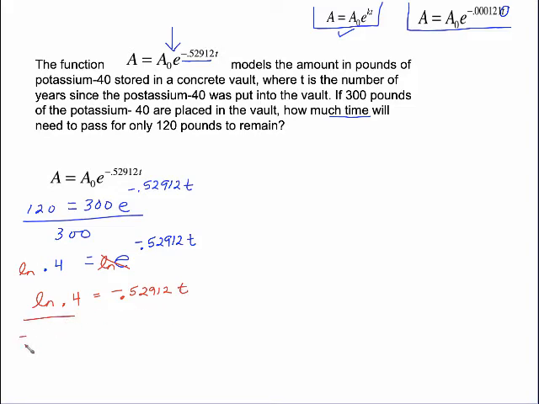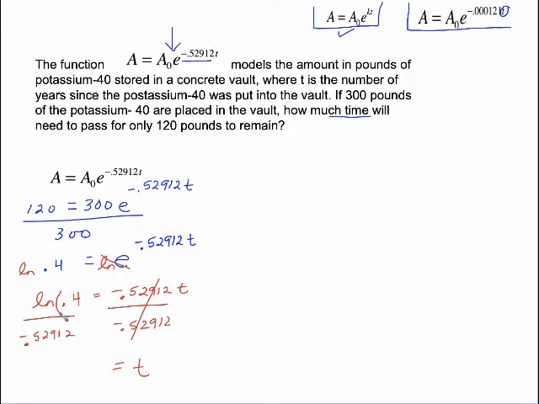Simple equation now to get the t alone. Divide both sides by negative 0.52912, which is going to cancel, leaving the t. This is now when I would use the calculator. We could have done ln of 0.4 earlier, but it's going to be a long decimal, so rather than writing all those digits down, I wait to the end to do the arithmetic.